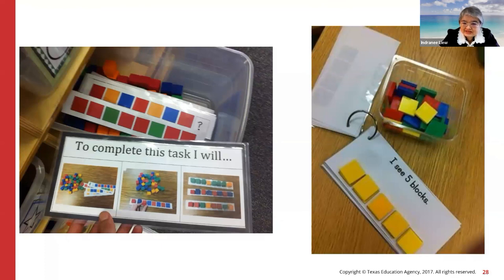Follow the colors. Another one, I like this also. You know why I like this one? It has this metal ring, so that all the instruction guides don't go all over the place. I see 5 blocks, so the child has to count 1, 2, 3, 4, 5.